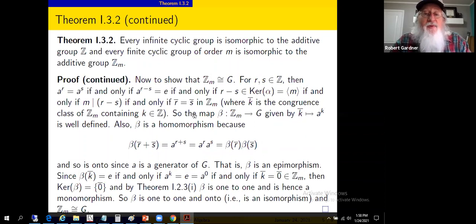That's the kind of thing we've established up here. So we get k bar, 0 bar, same equivalence class. And maybe we took different representatives, but we get those by the above argument to be in the same equivalence class. So the kernel of beta does consist only of the identity.